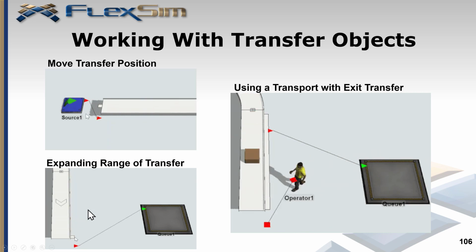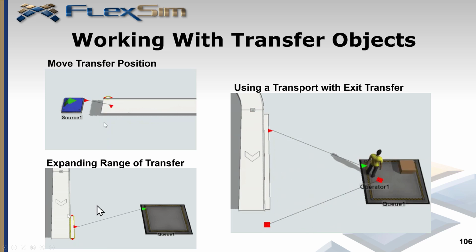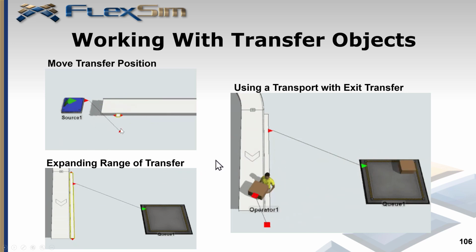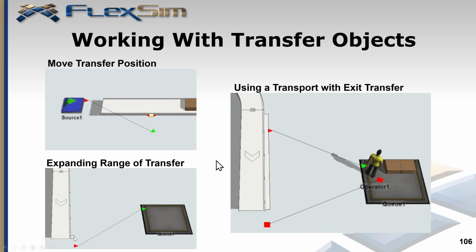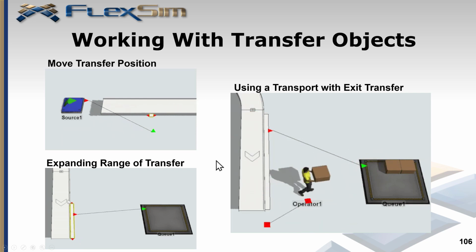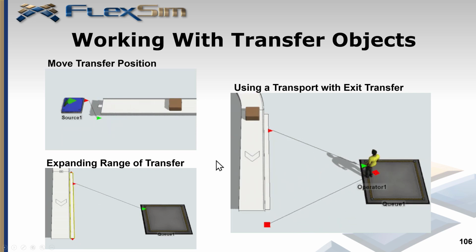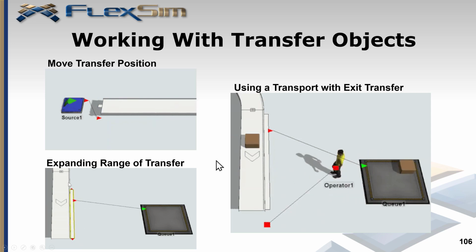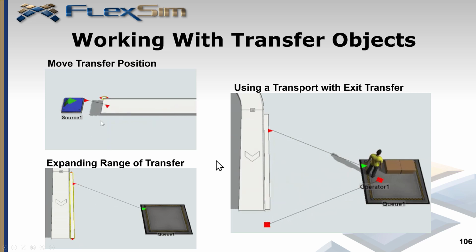Exit transfers have the ability to send for a transport, as shown on the right here, or in other words, a task executor. In this case, it's a person, an operator. So exit transfers can send for this transport to pick up items and deliver them to another object.